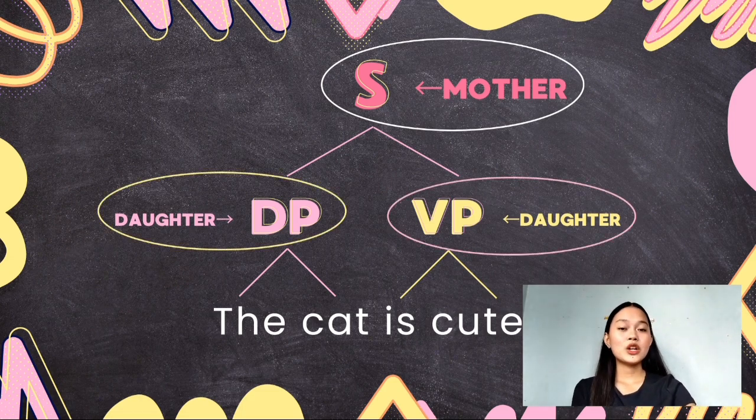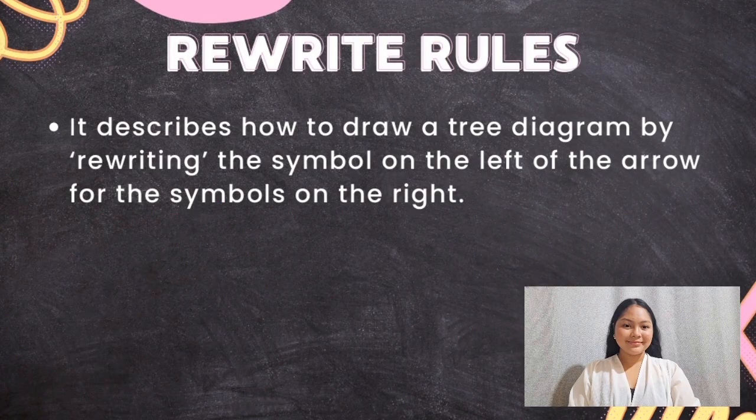These relationships are what we represent in tree diagrams where larger parts break down into smaller and smaller ones. Now that we've covered what this grammatical rule is, I'll pass it on to Hannah, who will now explain how rewrite rules work and give an example of how we build sentence structures using them.